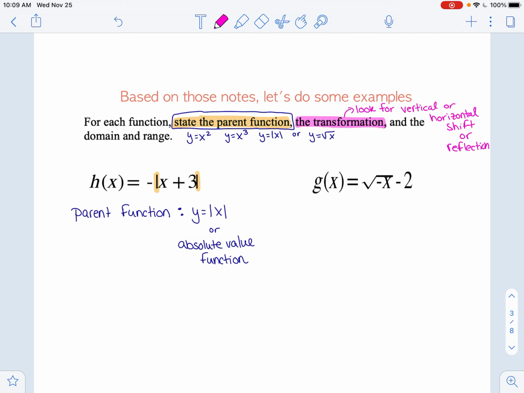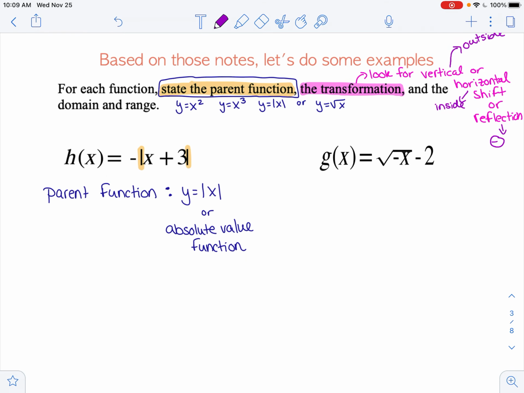Now, from above, you should know the vertical shift is the outside change, so it's outside our parent function. Horizontal shift is inside. Reflection is a negative, either inside or outside.